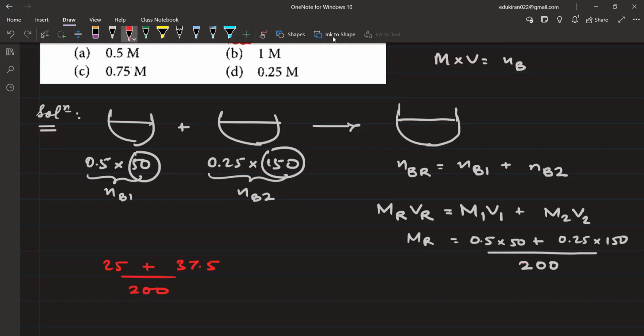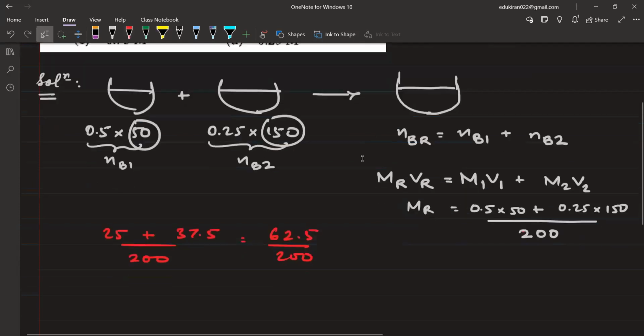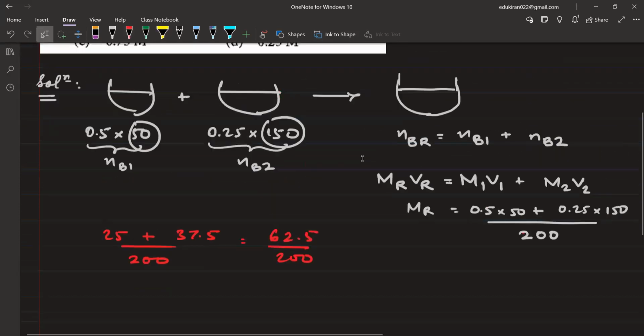So 25 plus 37.5 will be equal to 62.5, right? Yes, sir. 62.5 divided by 200. So this is the molarity of the resultant solution.